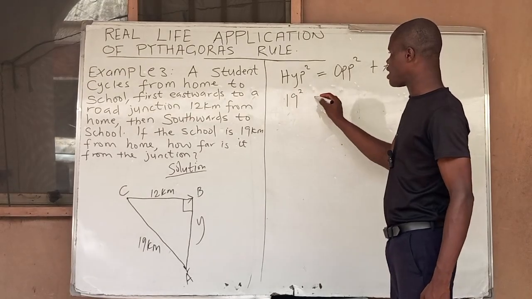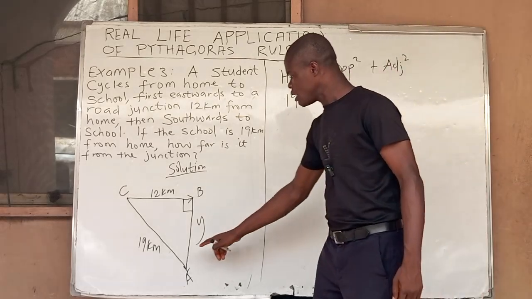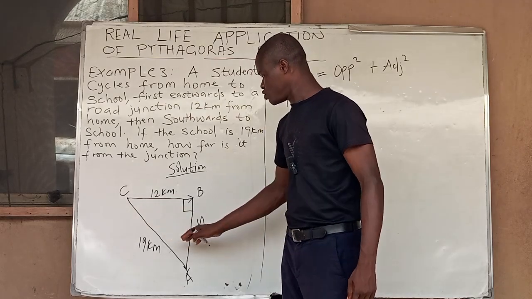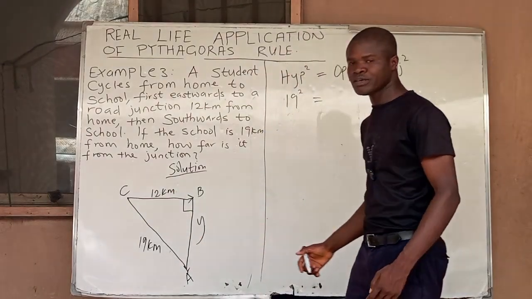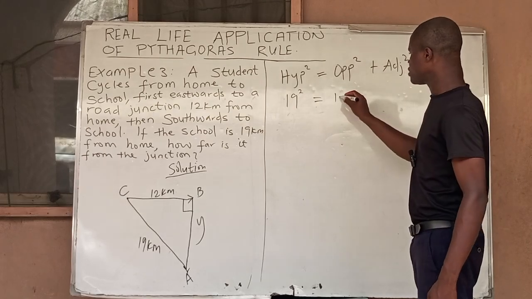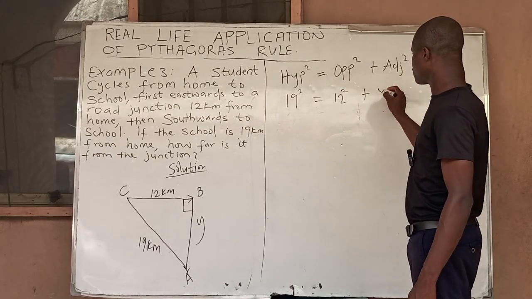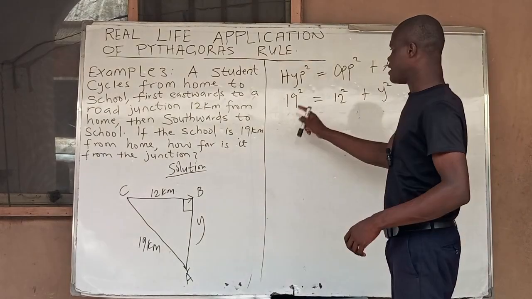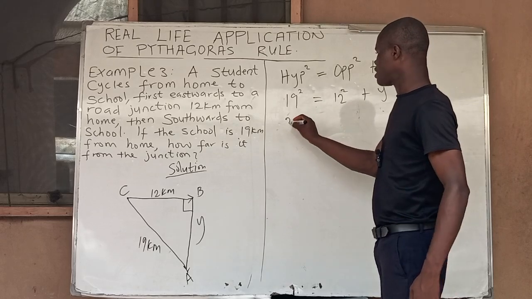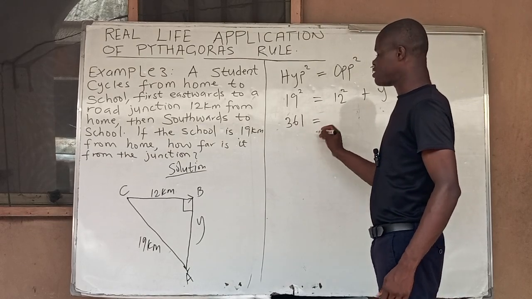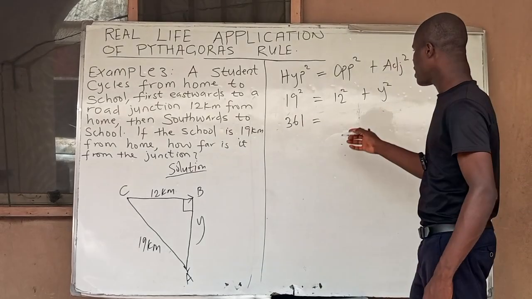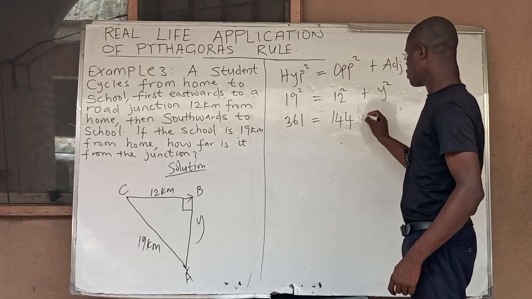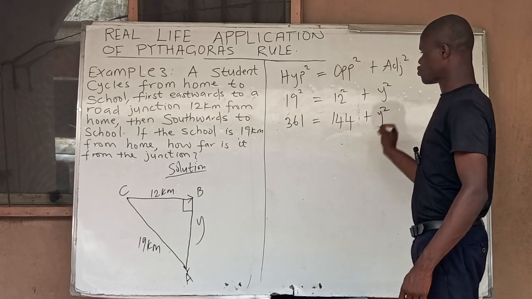Then 19 square is equal to, because there is no angle here, you can call here opposite, you can call here adjacent. So put in 12 square plus y square. Okay, so 19 square is equal to 361, that means 19 times 19. And 12 square is equal to 144, plus y square.